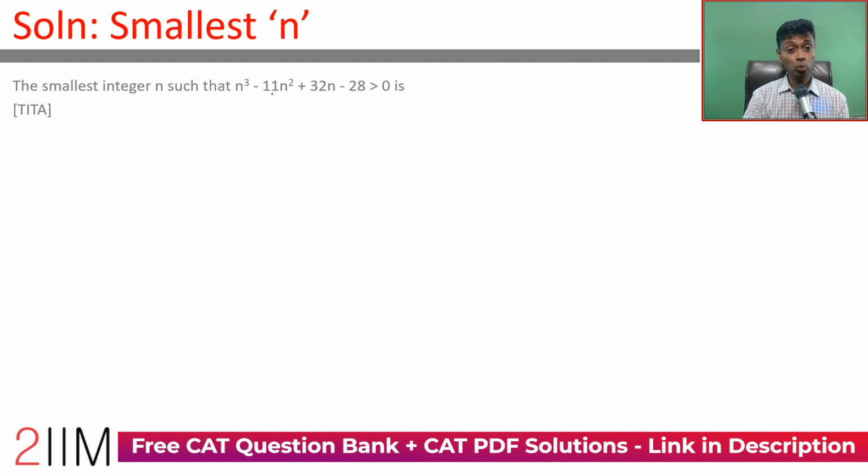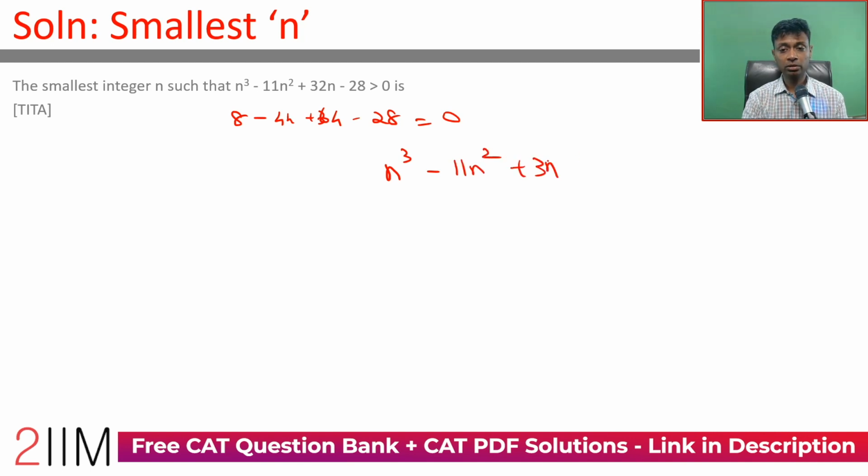If you put n equal to 1, 1 minus 11 plus 32 minus 28, this doesn't work. n equal to 2: 8 minus 44 plus 64 minus 28, that's 0, yes, this works. So this expression is a multiple of n minus 2.